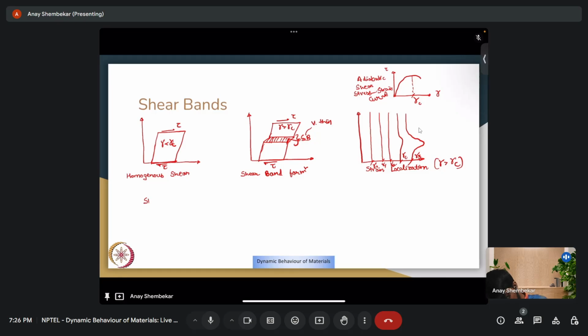The strain inside the shear band can be very high. For example, for steel at a shear strain rate of 10 to the power 3 per second, gamma critical equals 0.4, and gamma in the shear band can be as high as, say, 40.